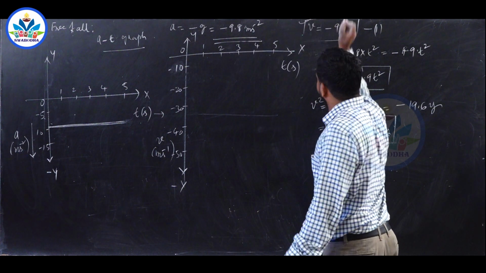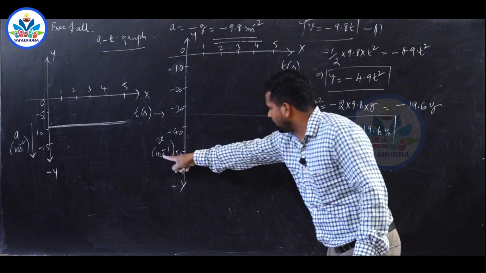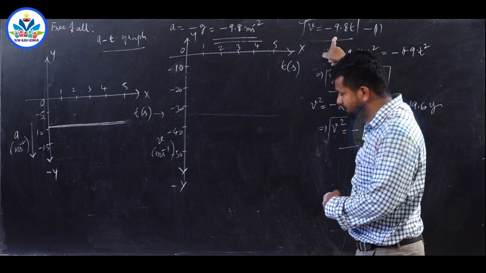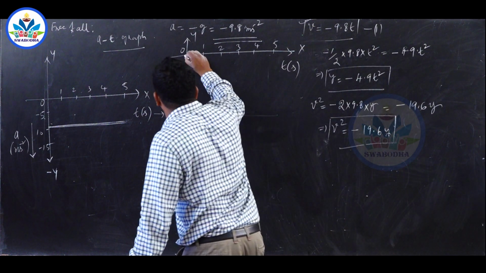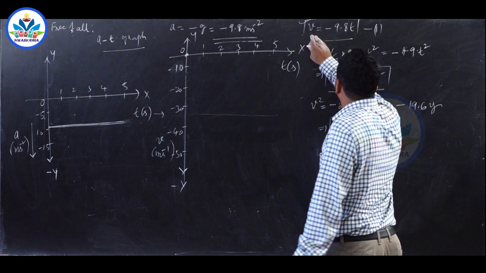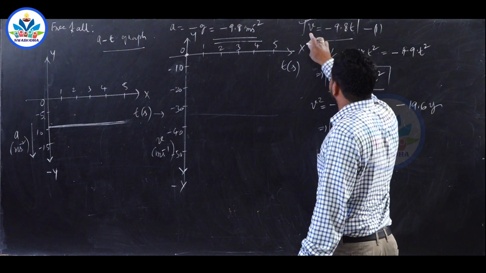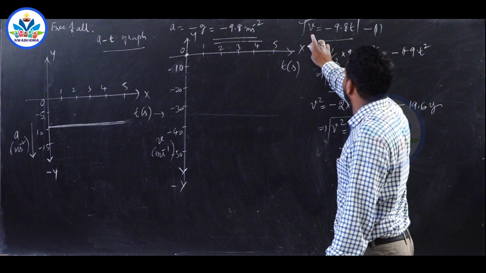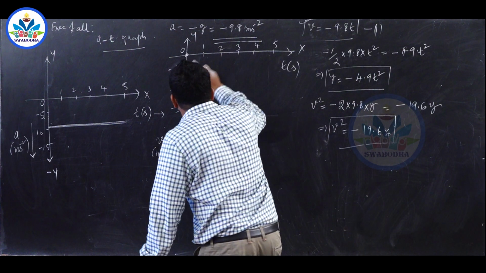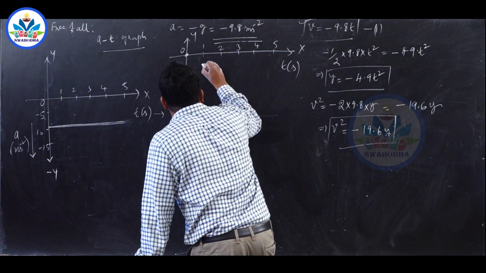Now you can see this velocity versus time. This equation will make the point clear. Initially velocity was 0, at t equal to 0, velocity was 0, and when t equal to 1, v becomes minus 9.8, nearly 10 here.